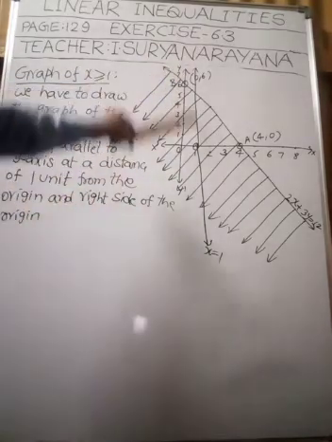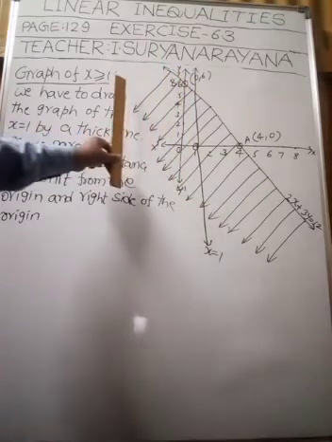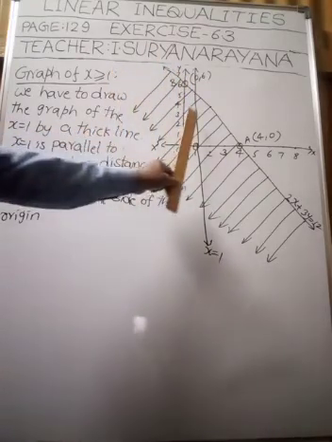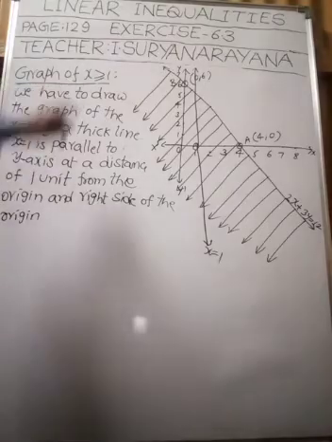Right. Now this line is dividing into two half planes. Left side of this line is one half plane. Right side of this line is the second half plane. So which half plane should be shaded? What I said, we have to substitute 0, 0 in the given inequality.